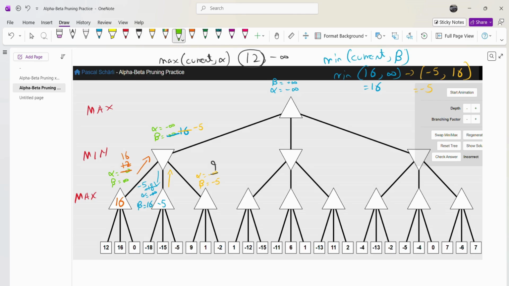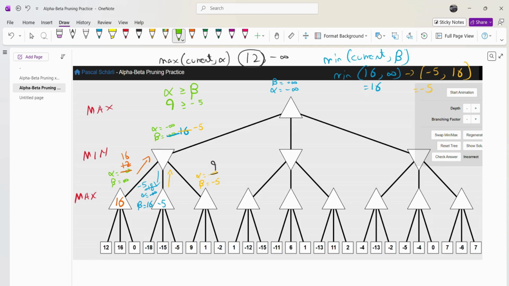it works. The condition is that alpha has to be greater than or equal to beta. Previously in these cases we had beta as positive infinity, so it's not possible to have a value greater than positive infinity, but here we have beta as minus 5. So we have alpha as 9, and 9 is greater than minus 5.